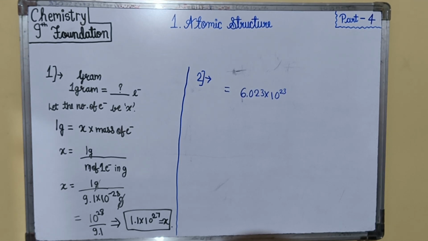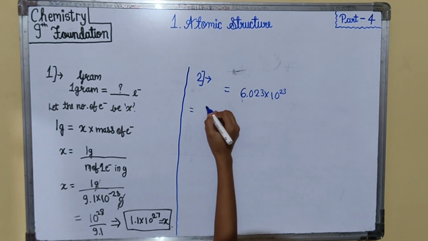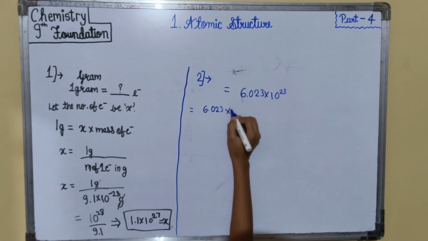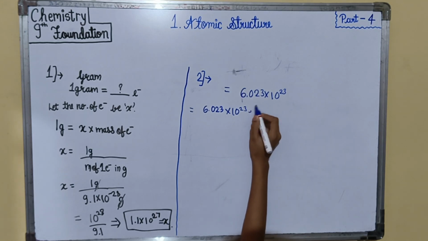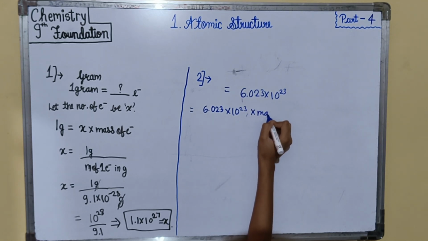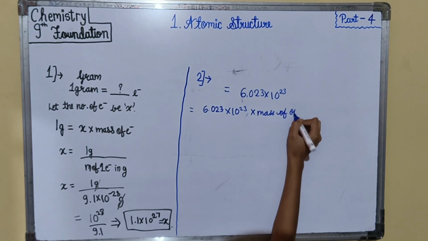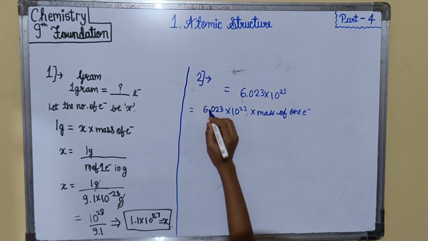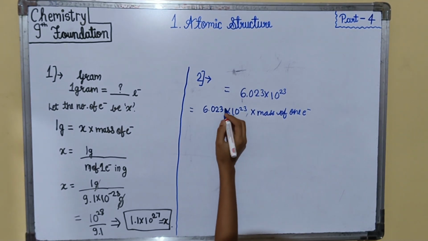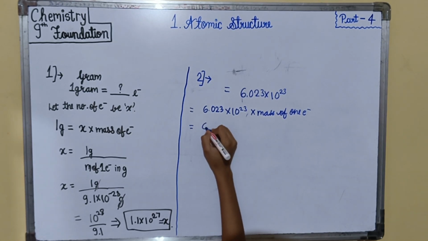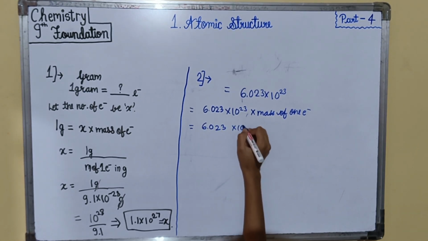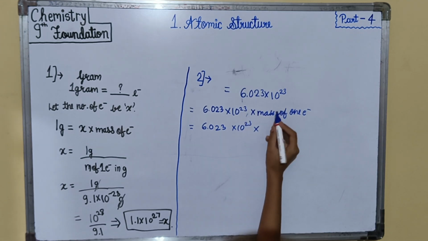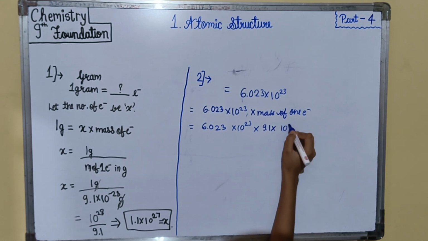So first we'll take 6.023 into 10 raised to 23 into mass of one electron, that is 9.1 into 10 raised to minus 28.